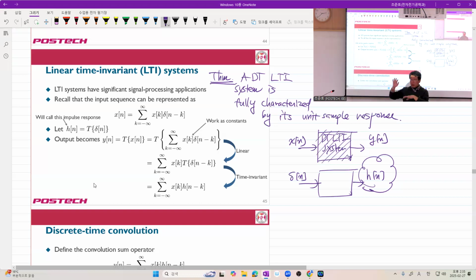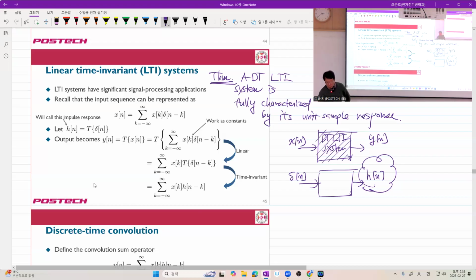Student A may build the DT LTI system using several components, and student B may build the same system, whose mapping rule is the same, using totally different components. But what's common? They have the same impulse response. This is called the impulse response or unit sample response. And this is very amazing. Let's see why this is true.